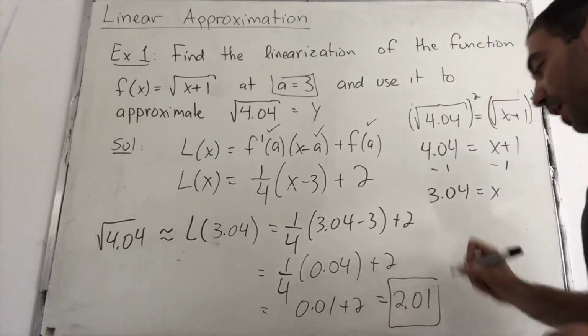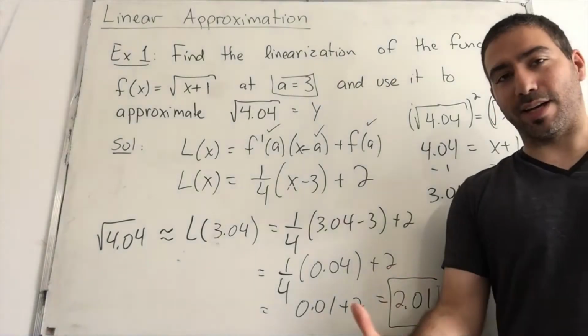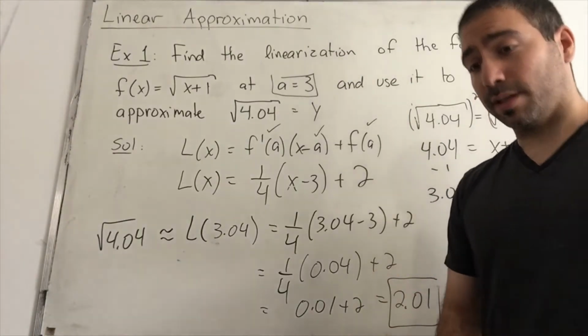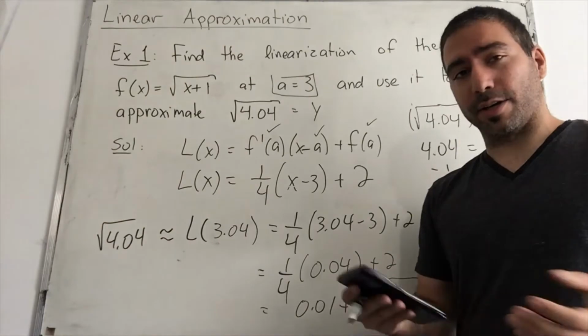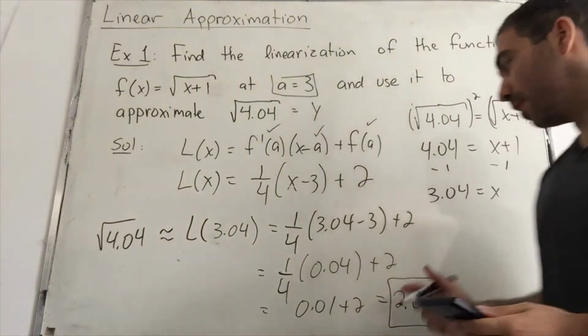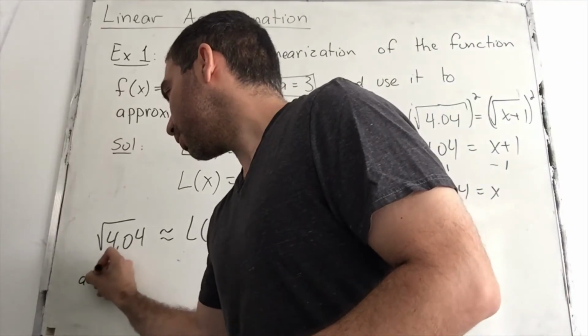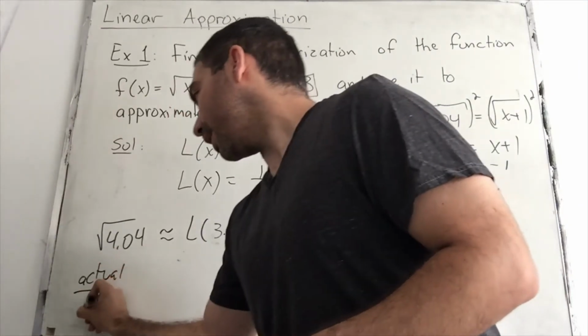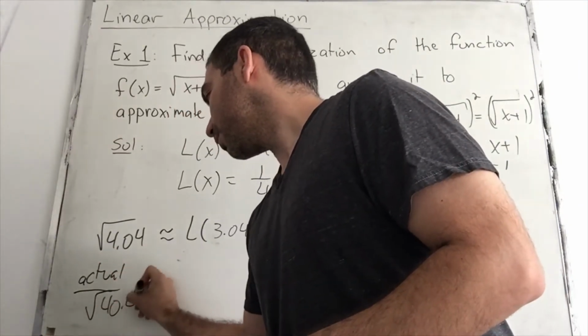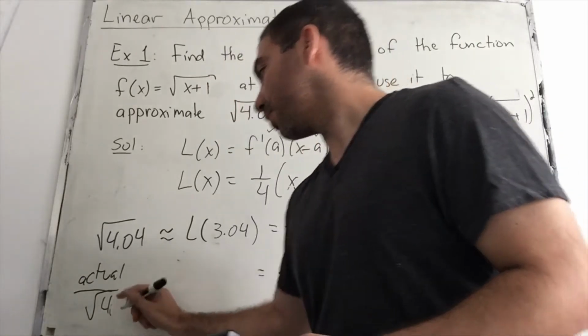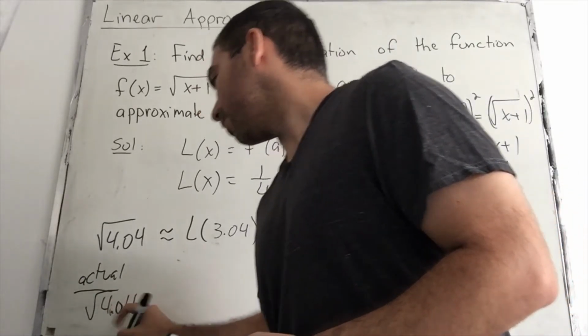So if you answered 2.01 at the beginning of the video, great job. That's awesome. But let's look at our calculator and see what the actual value is of square root of 4.04. So the actual value, not 40.4, 4.04.